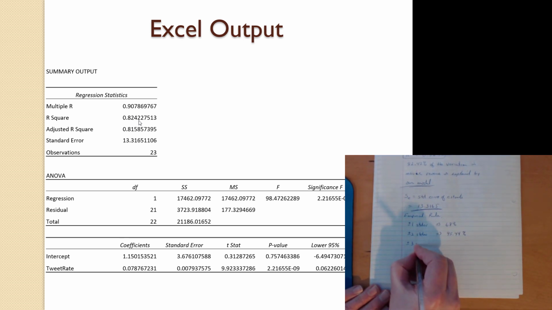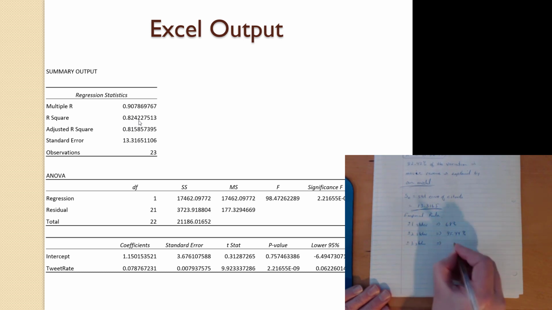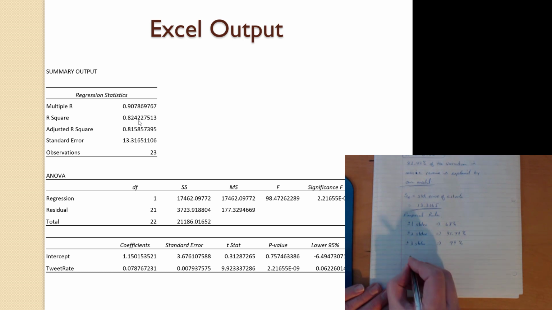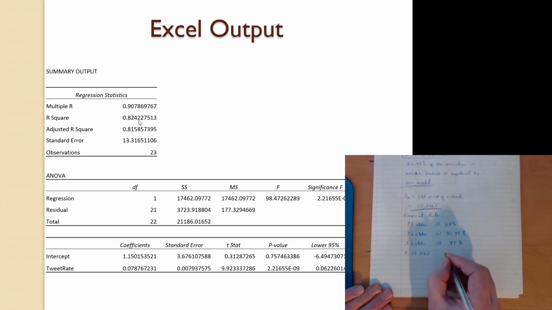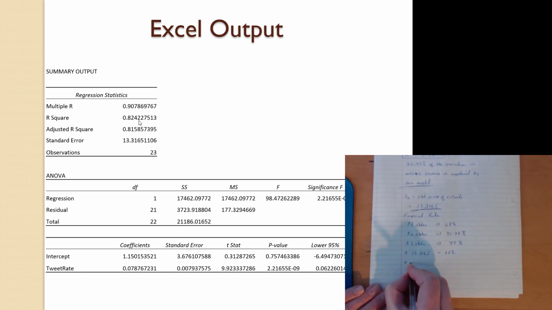Plus or minus 3 standard deviations, it's about 99% of the observations, right? So what we can say now is plus or minus 13.3165, our estimate, 68% of the time, plus or minus 2 times 13.3165, about 95% of the time, and so on.